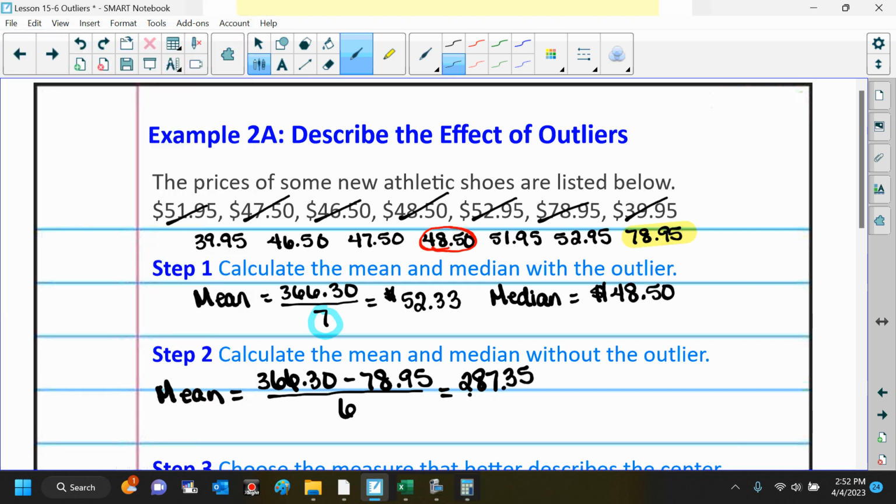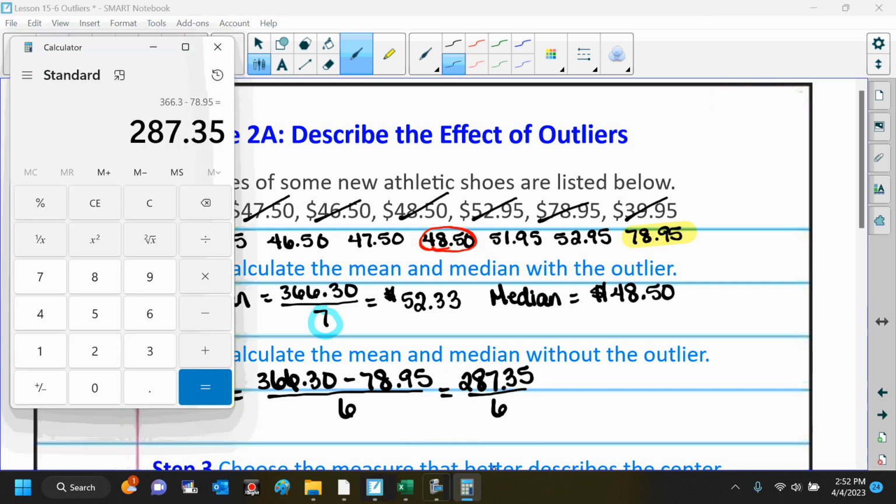And now we're going to divide this by 6. Okay, so take that, divide by 6, and that's going to give us $47.89. That's 891, so we don't have to round that up. So it's $47.89.